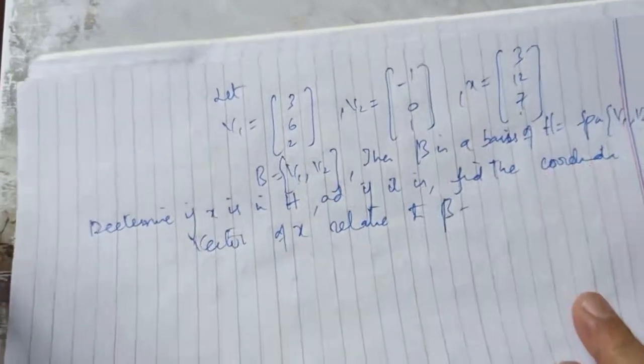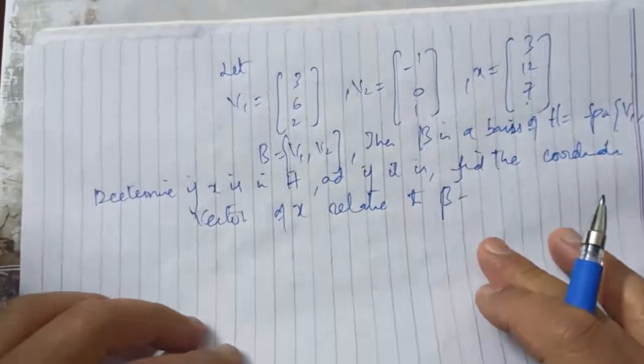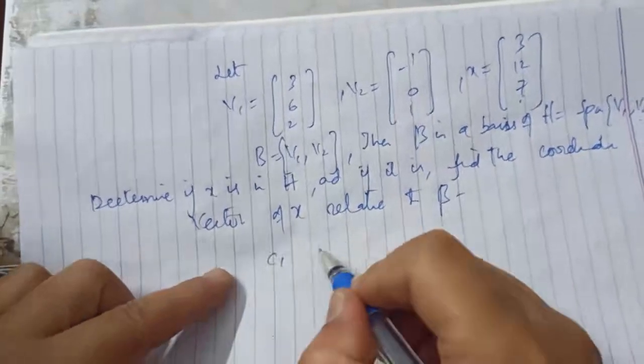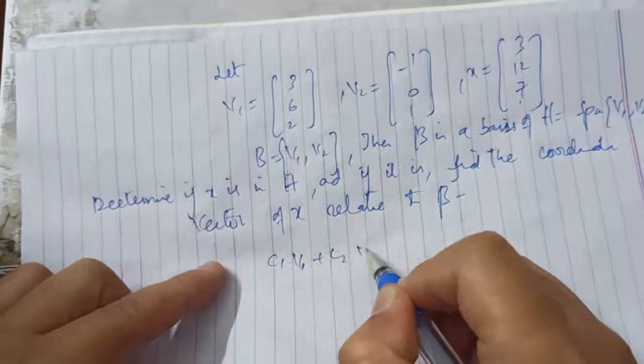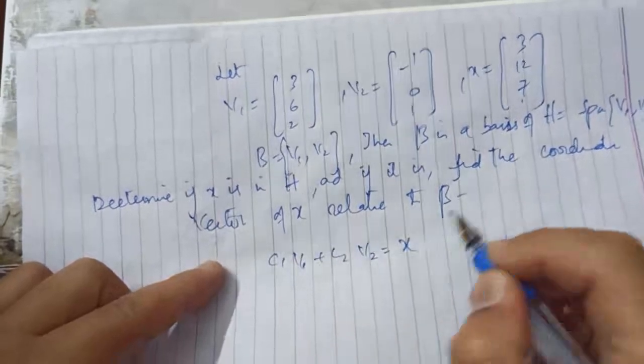In order to do that, first of all you have to determine whether x is in H. It means c1 times v1 plus c2 times v2 should be equal to x.